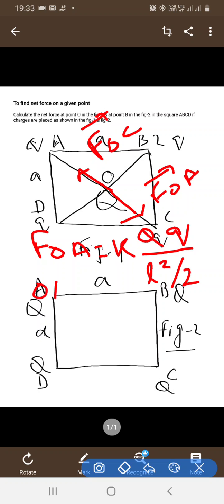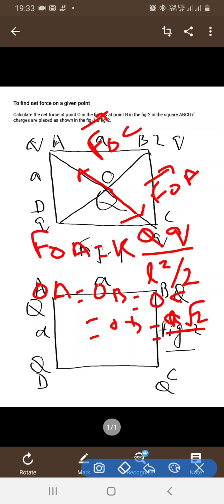Here you can see OA is equal to OB is equal to OC is equal to OD is equal to half of the diagonal, and diagonal will be L root 2, or here the side is given as A, so A root 2 upon 2, that will be A square upon 2. So in place of L square, we can put here A square by 2.